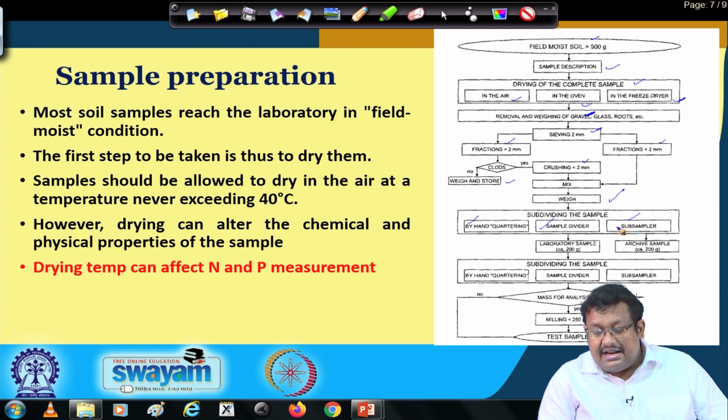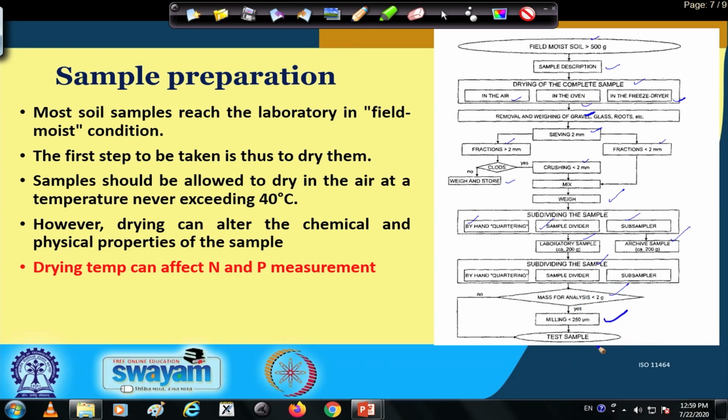The sample divider is used for laboratory samples of around 200 grams, and subsamplers are generally used for archiving the samples. The laboratory samples can be subdivided by hand quartering, by sample divider or by subsampler, and the mass for analysis is generally less than 2 gram, and then we can do further milling to less than 250 microns, which gives you the test samples.